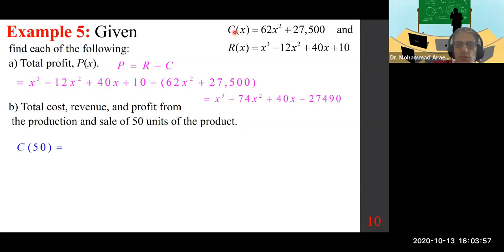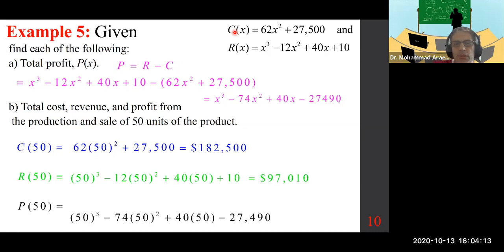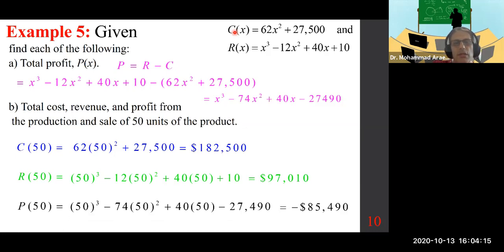So C of 50 we plug in, R of 50 we plug in, and P of 50 we can plug in, again just by plugging in.